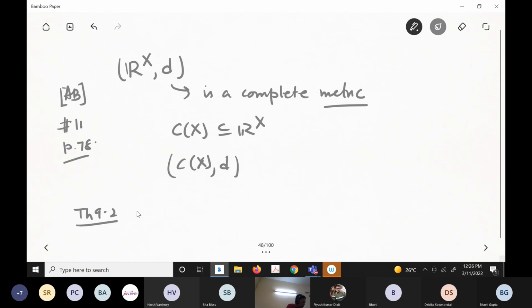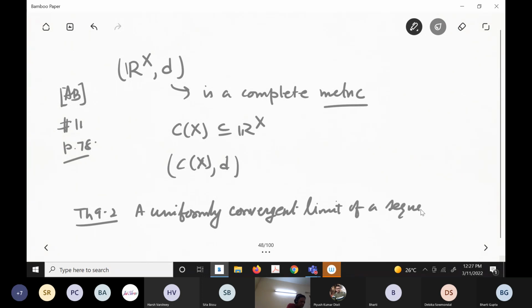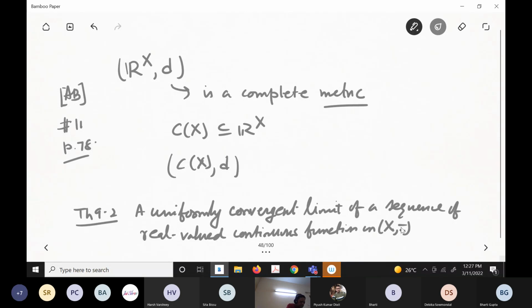Informally, a uniformly convergent limit of a sequence of real valued continuous functions on (X, tau) is again continuous.